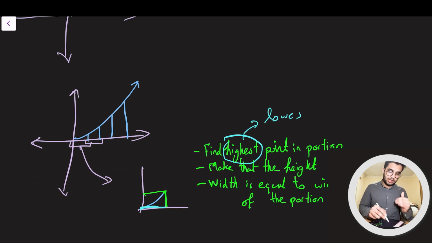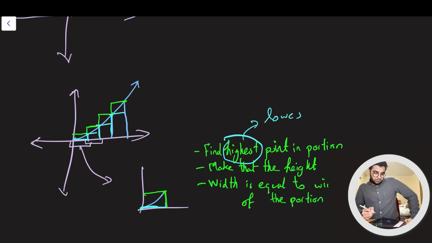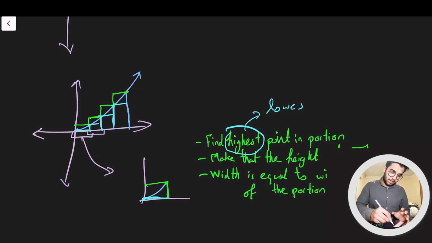With that demonstration out of the way, we do the same thing with all of these portions, and we get big rectangles and small rectangles. Let me just make them a bit more clear. So you have your big, small, you're doing fine, life is happy. Now you can find the total area of these rectangles that are above the curve.